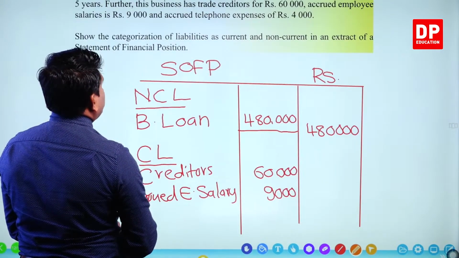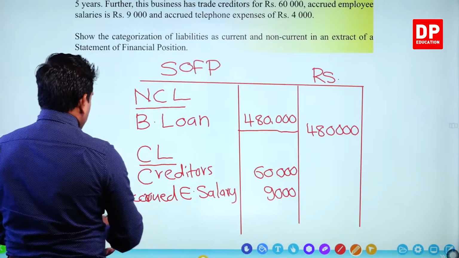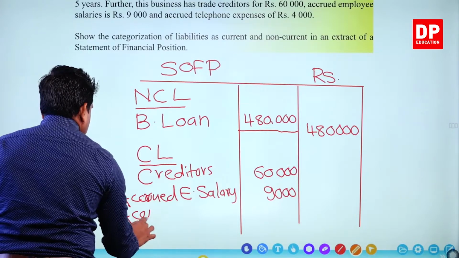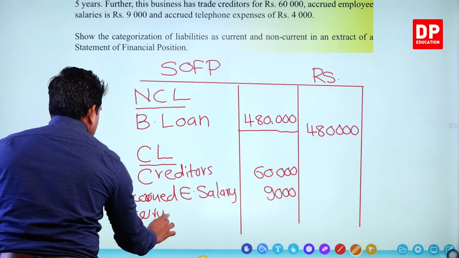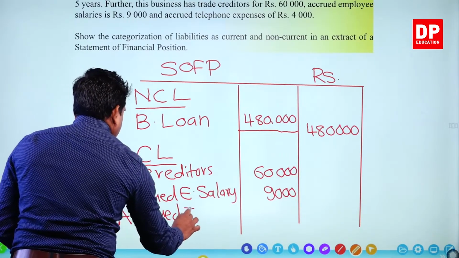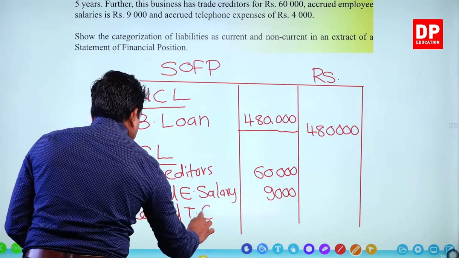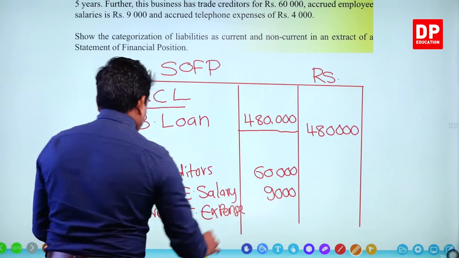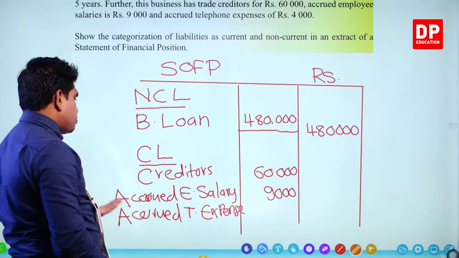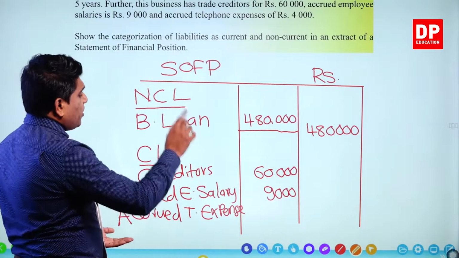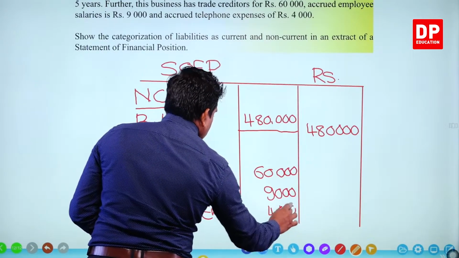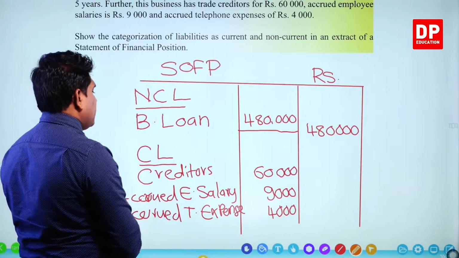Then accrued telephone expense. Telephone expense. Actually, this is payable telephone expense, payable employee salary. How much? 4,000. Only these are the details given. Now, what do you do?